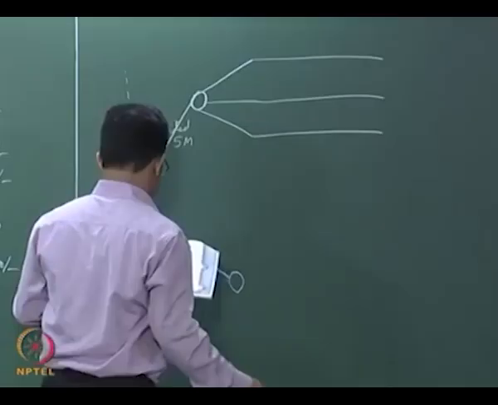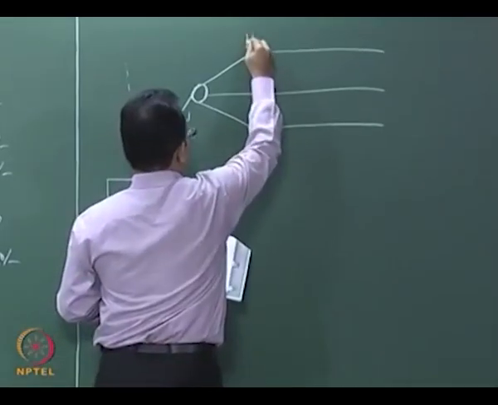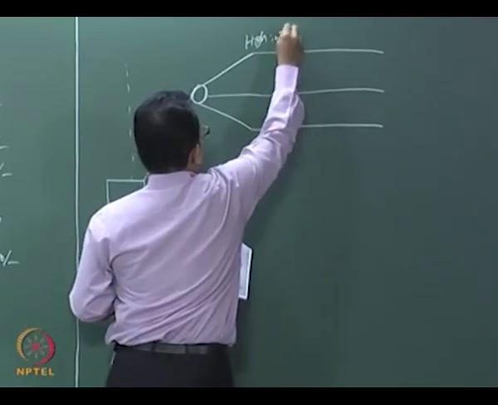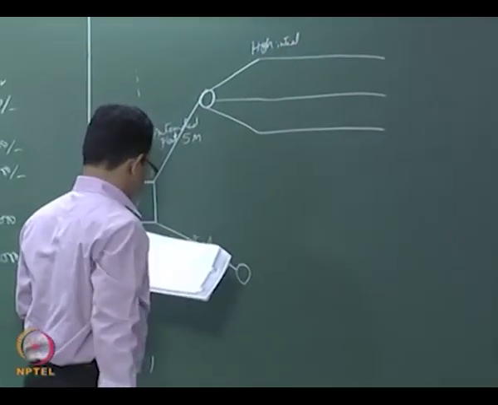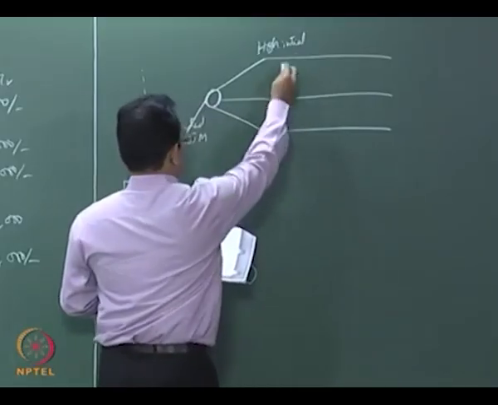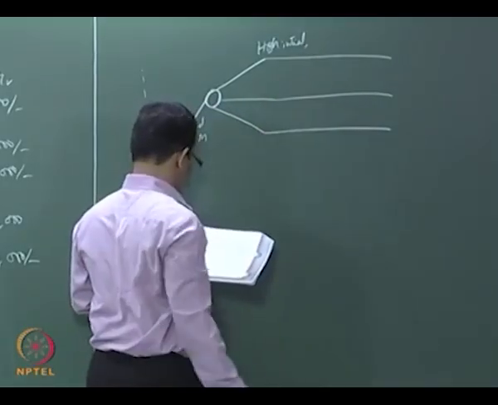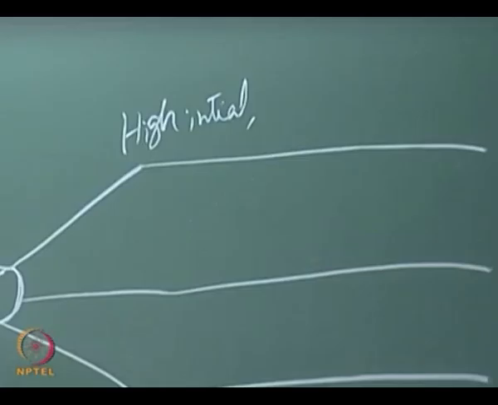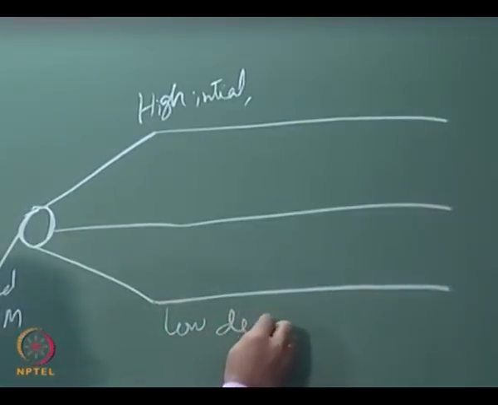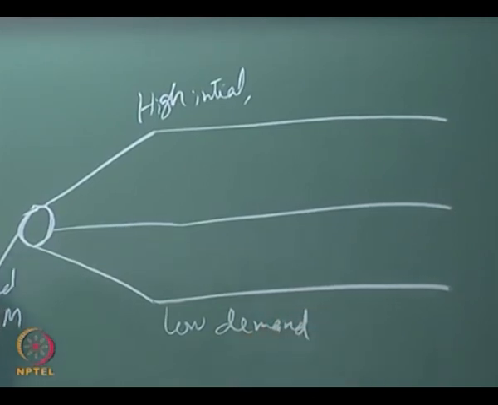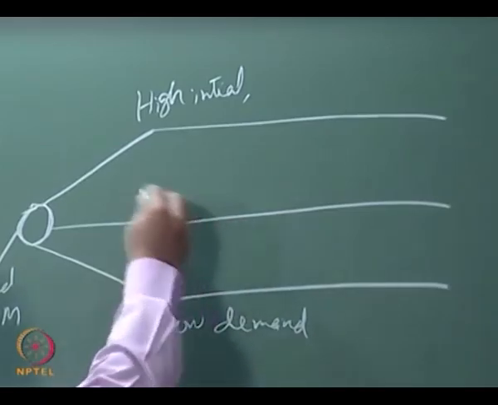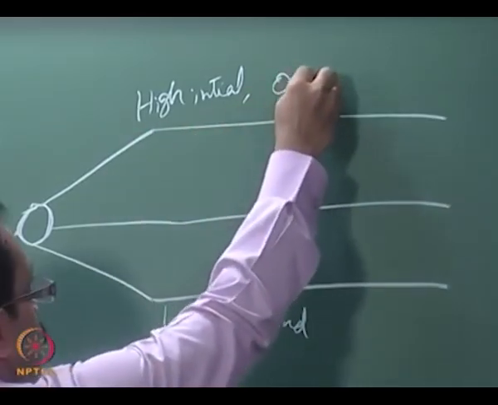So this is basically high initial demand, it will be getting, then we have low thereafter, and here the low average demand. So this is the low demand, and here the probability is given as 0.6.